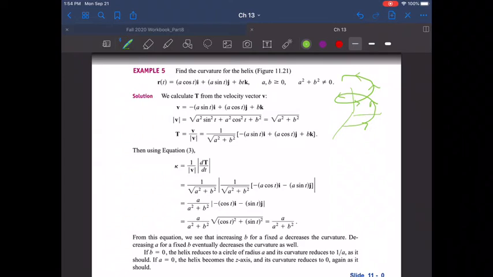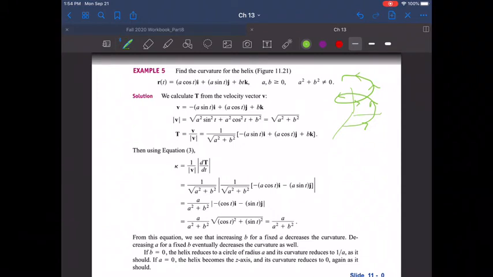We calculate T from the velocity vector v. So we have the vector v equals negative a sine of t in the i direction plus a cosine of t in the j direction plus b in the k direction. The magnitude of v is just that. You just square each component, add them all up, and take the square root, so the square root of a squared plus b squared.